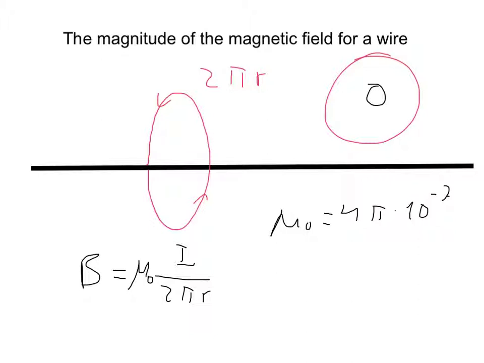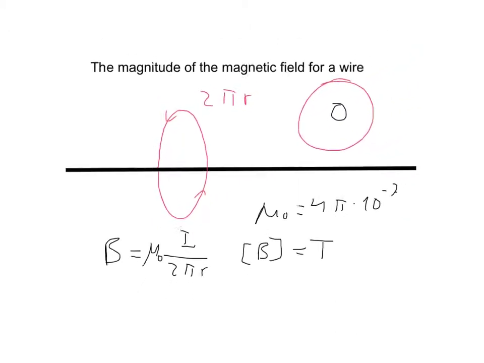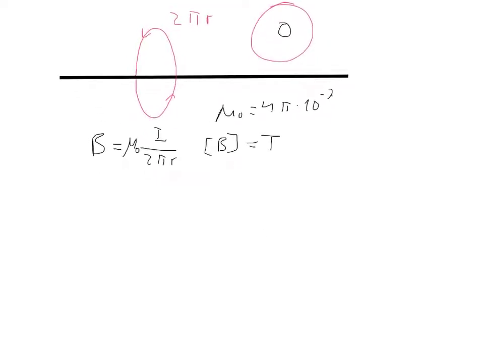So what are the units of this? Well, it turns out that we measure the magnetic field in these units called Teslas, and we write them down with a capital T. Therefore, it follows that the units of our magnetic constant, which actually is called magnetic permeability, have to be, if we want B to have units of Teslas, Teslas meter divided by ampere.